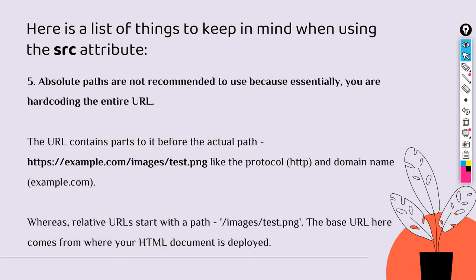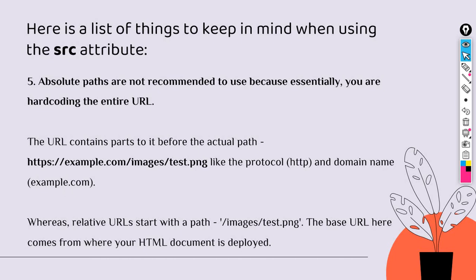Absolute paths are not recommended because essentially you are hard coding the entire URL. The URL contains parts before the actual path. So here, for example, the protocol is HTTP and the domain name is example.com.